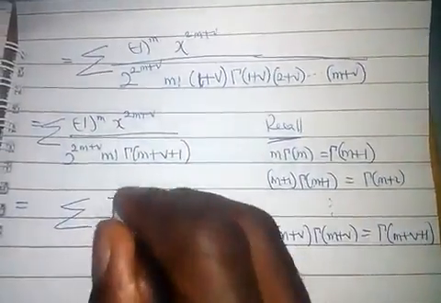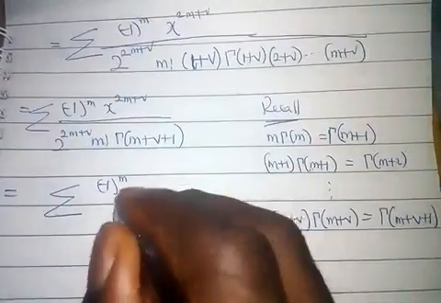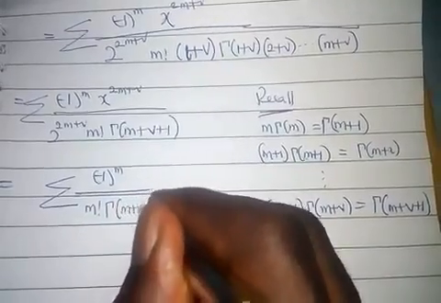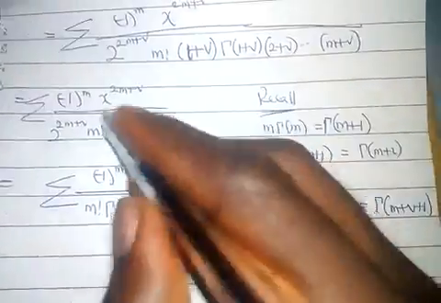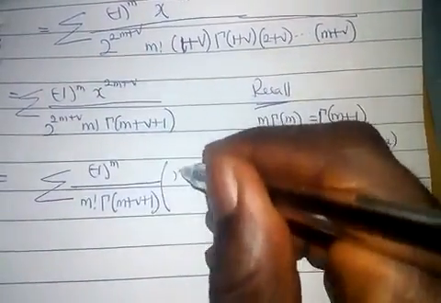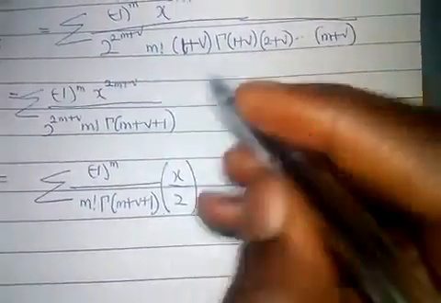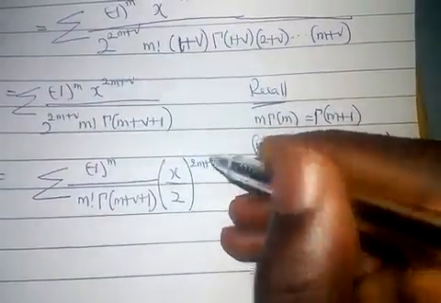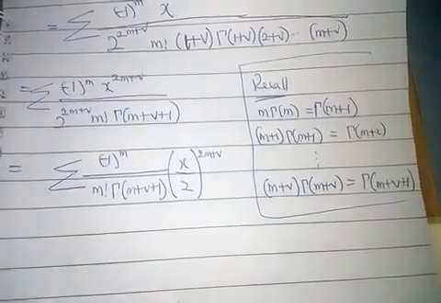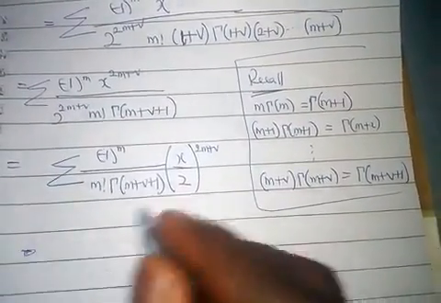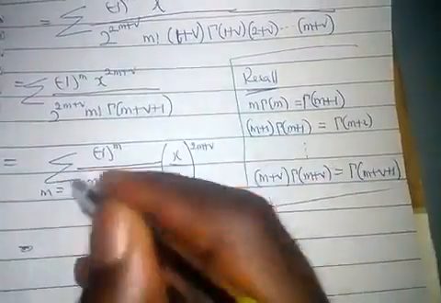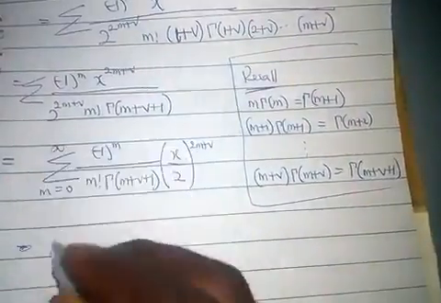So which is summation minus 1 to the n over m factorial gamma m plus v plus 1. Then these two are the same. We can just group it in brackets, x over 2 to the 2m plus v. And this one is the Bessel function, m equals 0 to infinity.